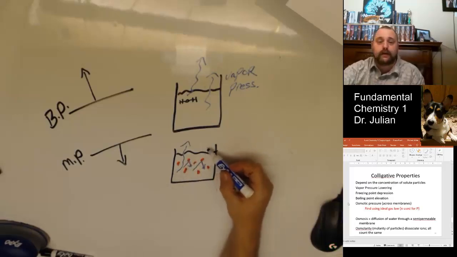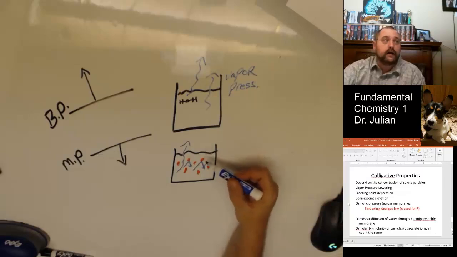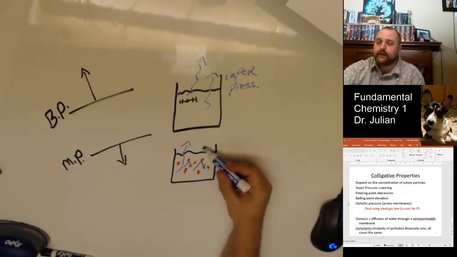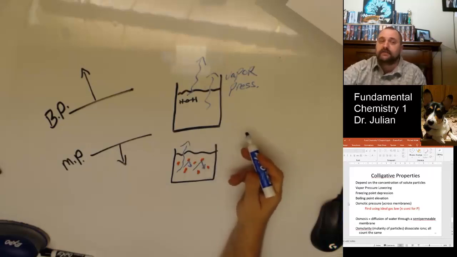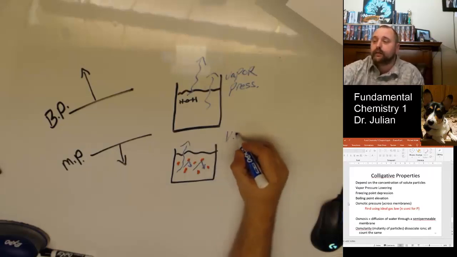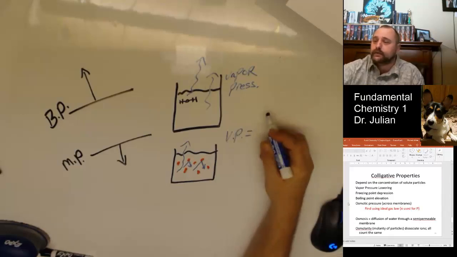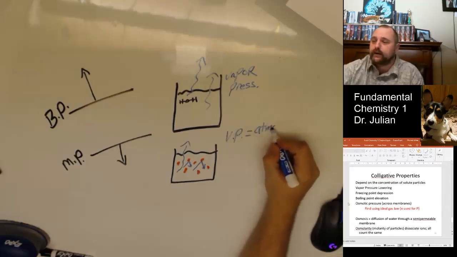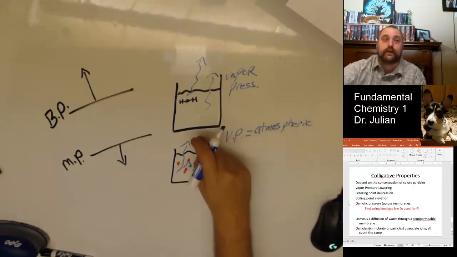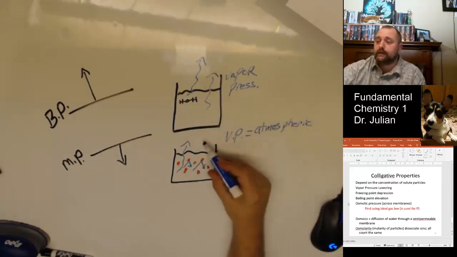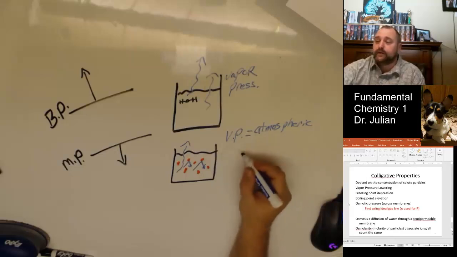And as I lower that pressure, then I have to raise the temperature to get it up even higher. Now, a special thing happens when the vapor pressure equals atmospheric pressure, the pressure outside this container. When those are equal, that's the boiling point.